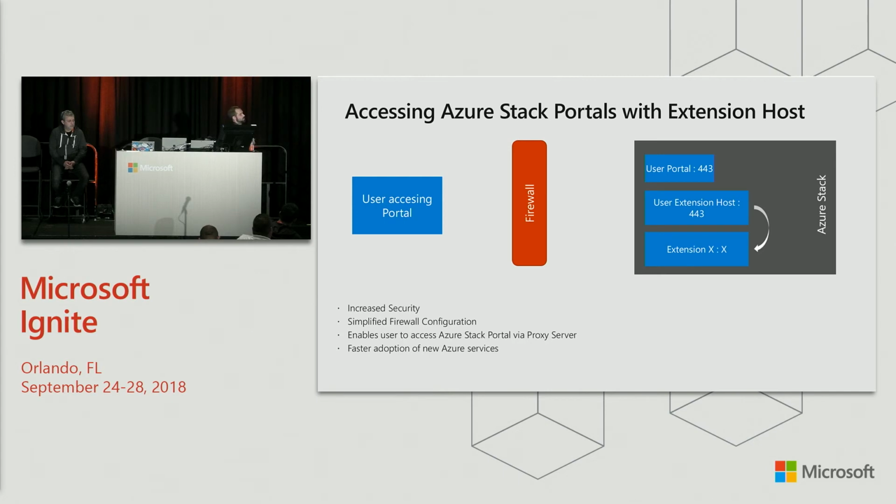So we're introducing a new feature in Azure Stack called extension host that exactly addresses those concerns and allows us to go down to just 4 ports required, all based on 443. So if you take a quick look at the traffic, you're accessing the portal, you're opening up an extension, and you're hitting a new VIP endpoint, which is called the extension host, which is listening on 443.